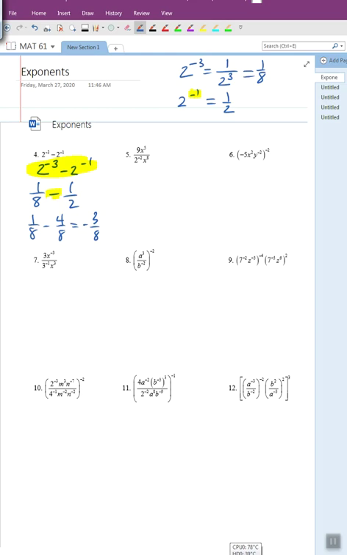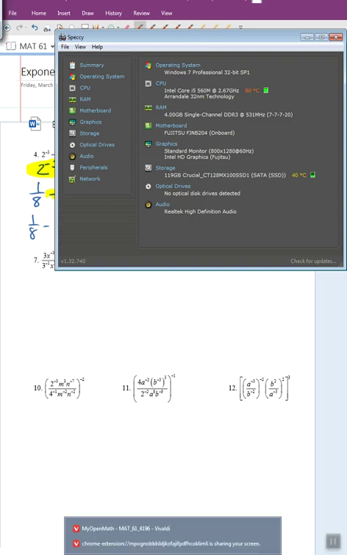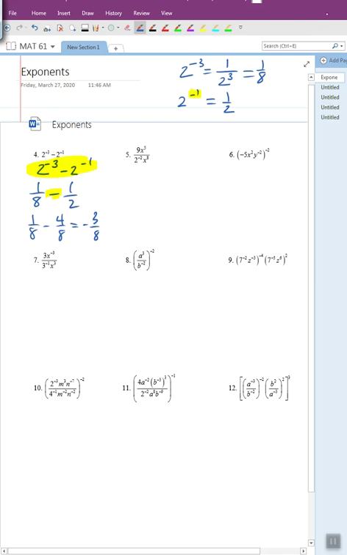Here, if you guys will give me just a second. Why is that running so hot? That's not good. Is your computer cooking? It is. That's the first time it's done that. And no, it's not because it's warmer today.